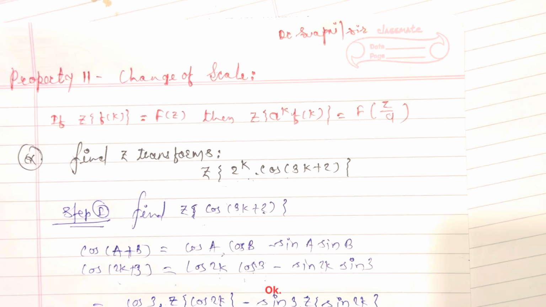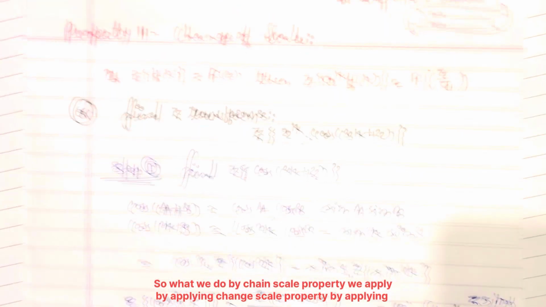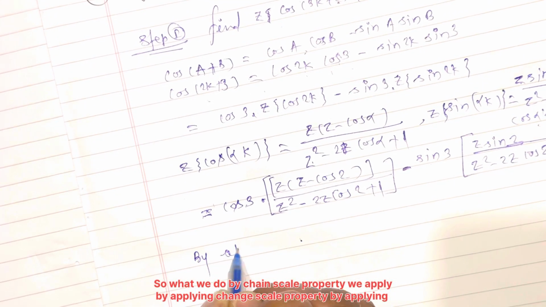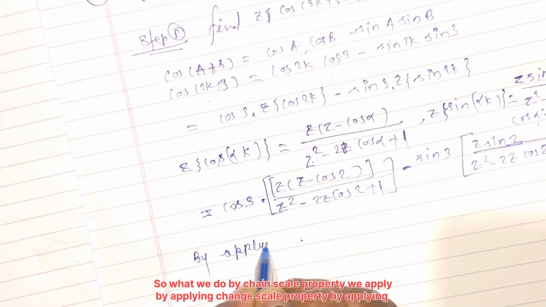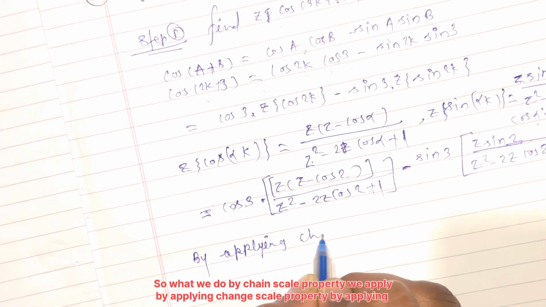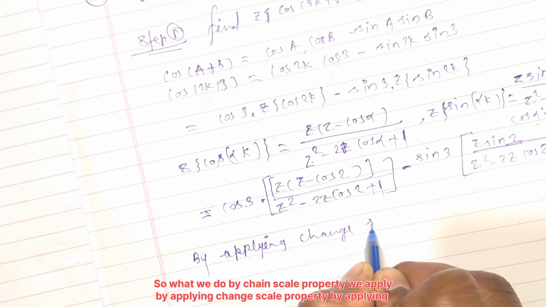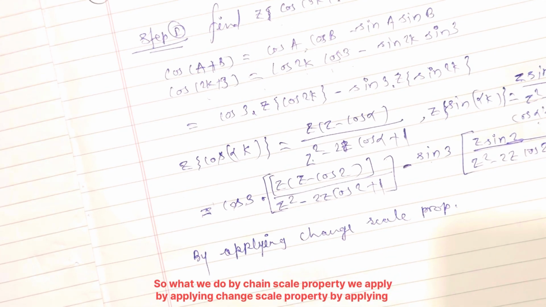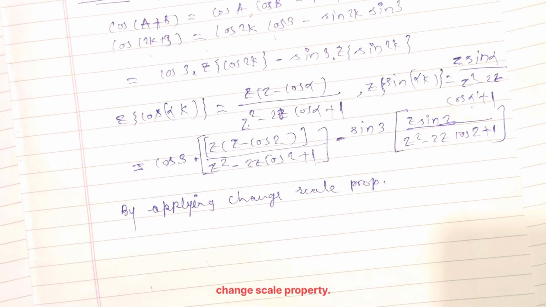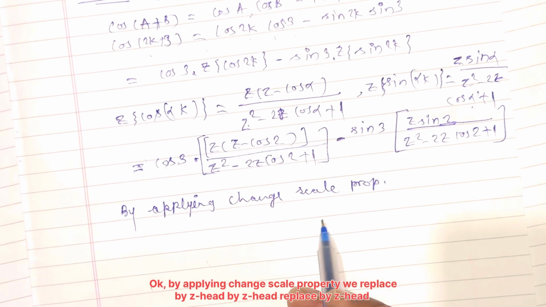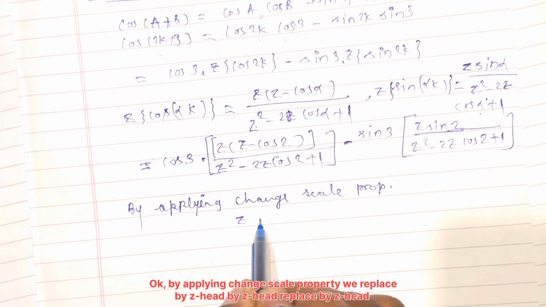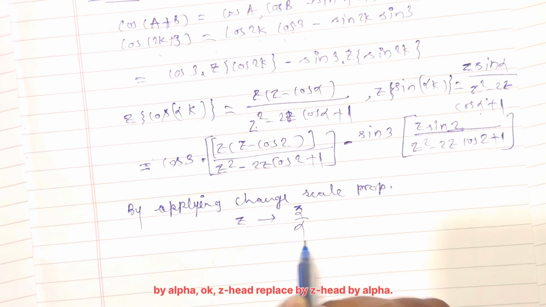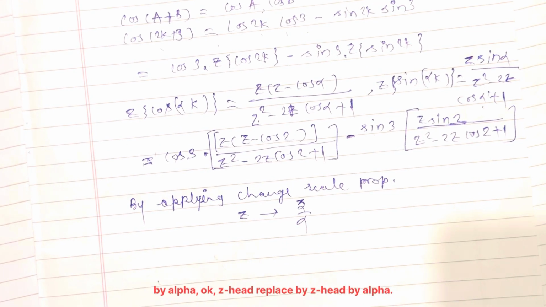So by applying the change of scale property, we replace z by z by a.